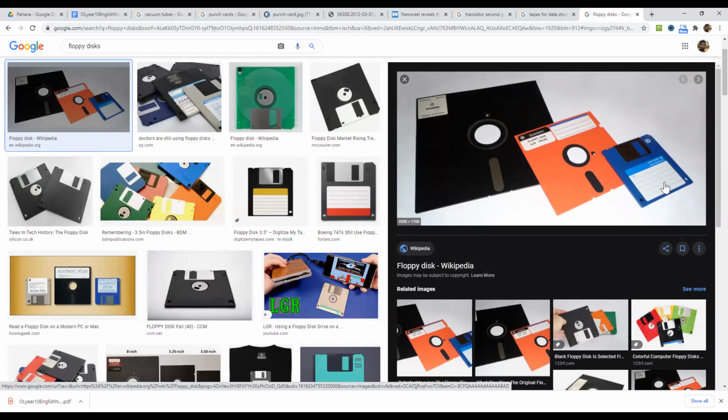If you compare with an MP3 song you used to hear, to store one MP3 song you need 3 floppy disks like this. So you can imagine how small they are. Before hard disks came in, floppy disks were used in computers. So this is called a floppy disk.